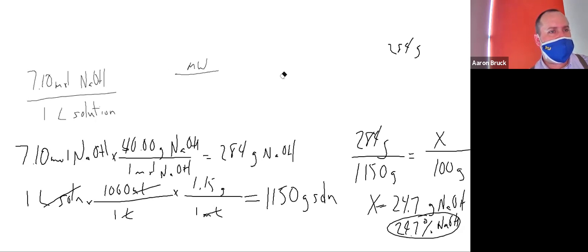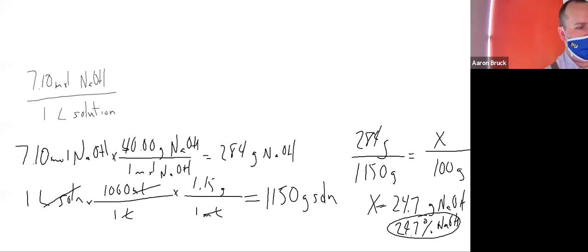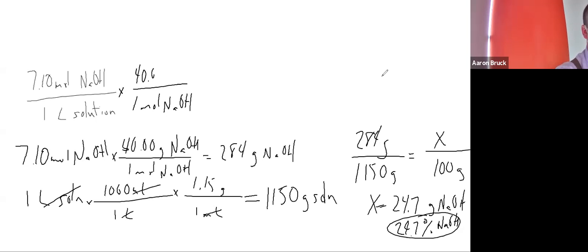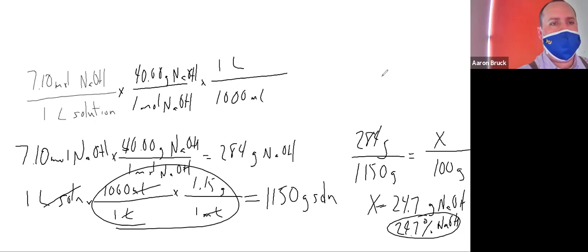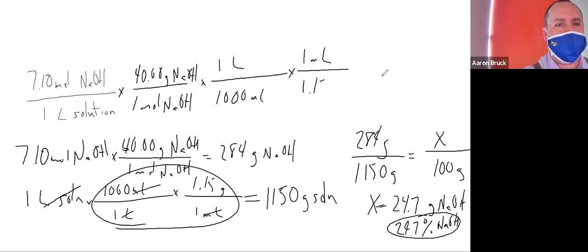So in that scenario, pretty much exactly the same as we did in the previous one. 1 mole sodium hydroxide is 40.00 grams. And then we just flip these two fractions. 1 liter for 1,000 milliliters. 1 milliliter for 1.15 grams.